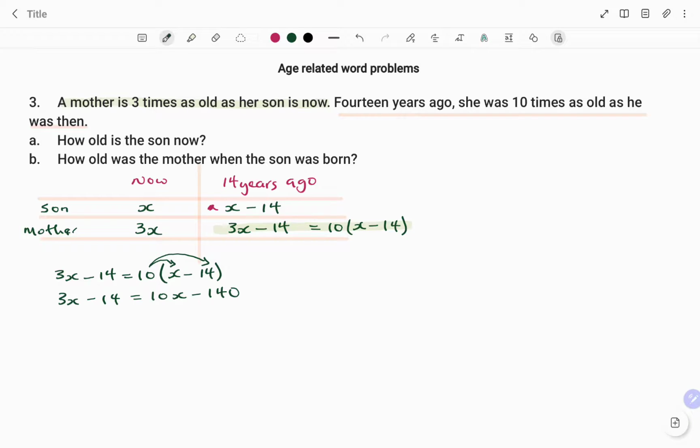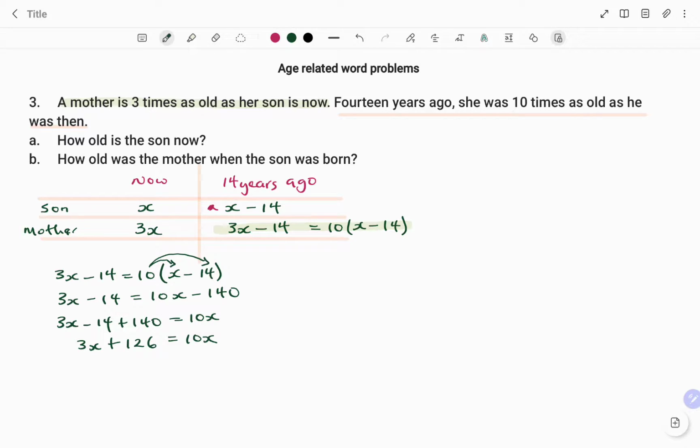Collecting like terms, I start with moving my 140 to my left hand side. I have that as 3x minus 14. Because it's a minus on my right, it becomes a plus on my left. I'm left with 10x. I have 3x plus 126 equals 10x.